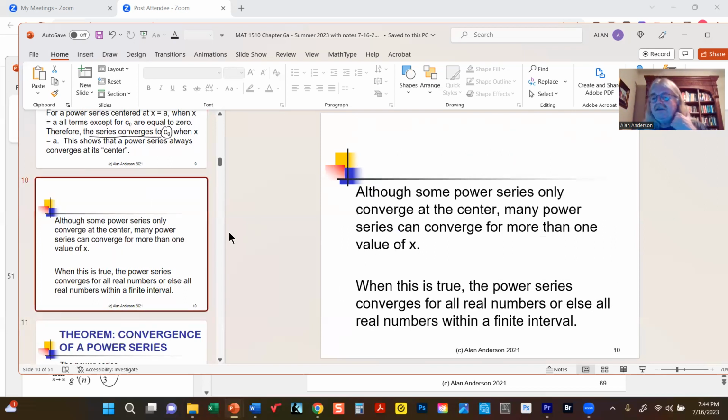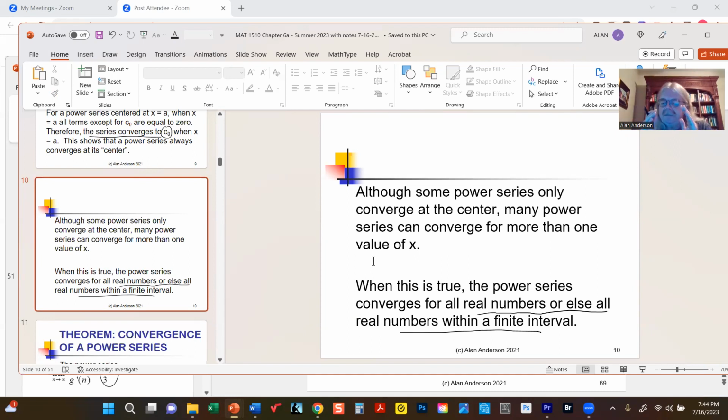Now, of course, even though they do converge at the center, many of them can converge for more than one value of x. If that's true, then it converges for all real numbers, or else all of them within a specific interval. It's not like it's got one or two.